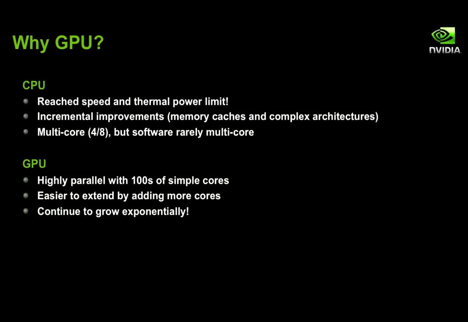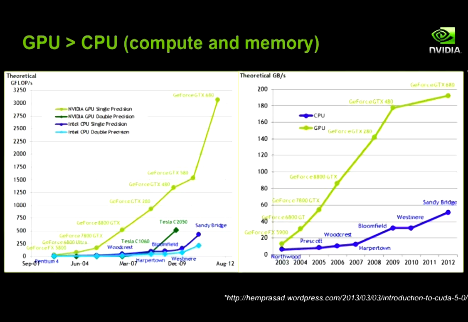Unlike the CPUs that are reaching their limits of performance, GPUs continue to grow exponentially, and there's continuous innovation, and I'll talk some more about that further. If you look at both the gigaflops as well as the bandwidth, you see that GPUs have exceeded CPUs both in terms of memory bandwidth and in terms of compute capabilities.